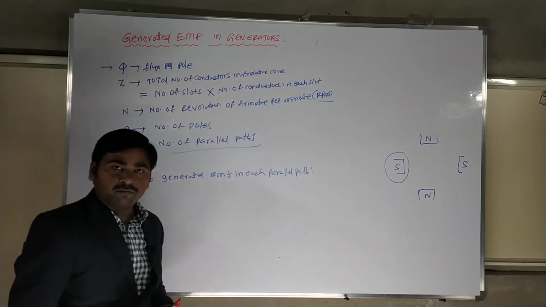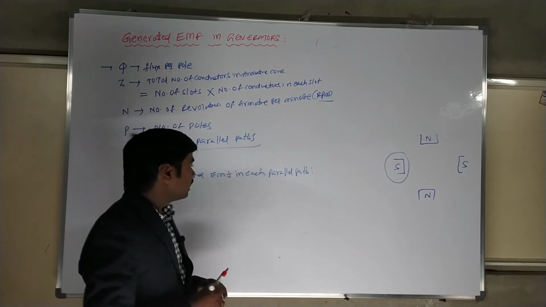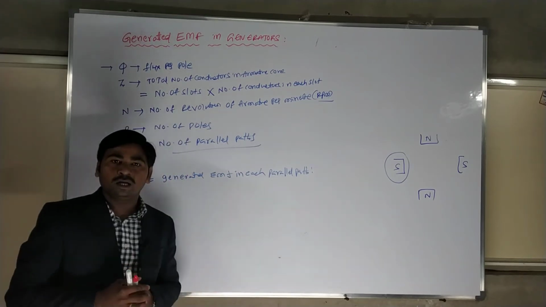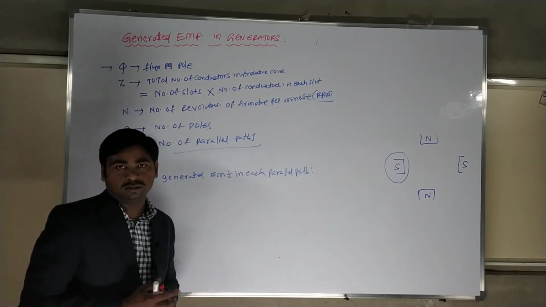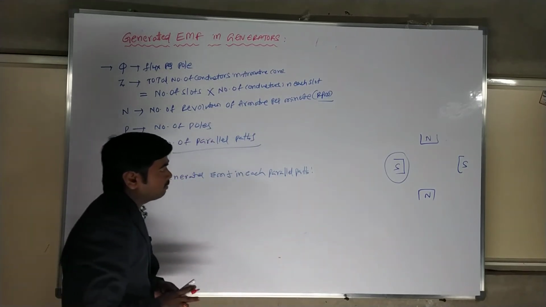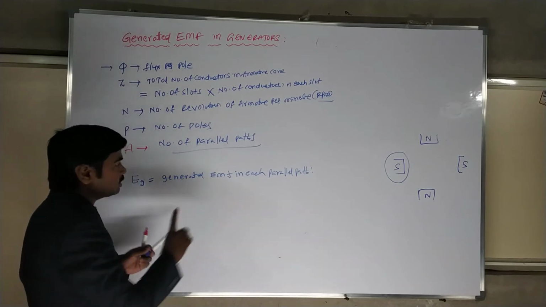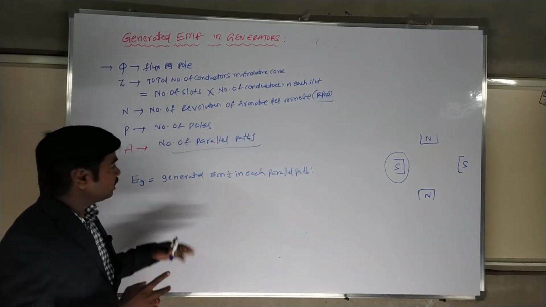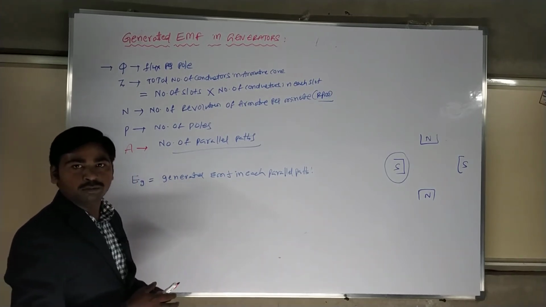The generated EMF in each parallel path. This is what you should take as the generated EMF. Each parallel path, you are going to find the generated EMF.